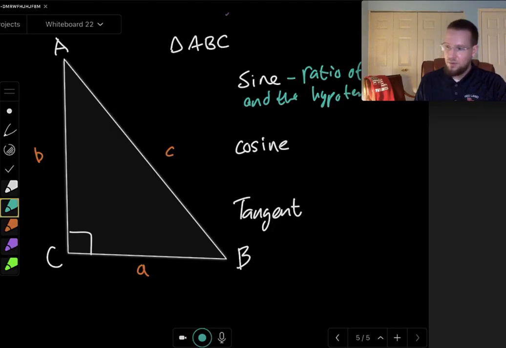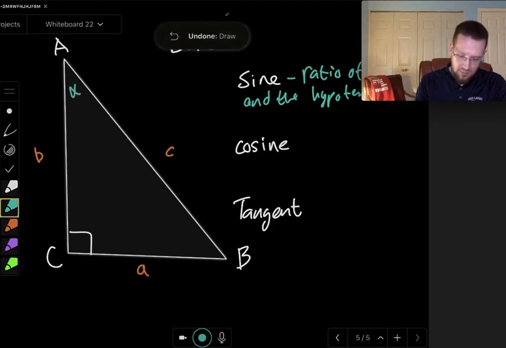So for example, if we were going to look at angle A, let's just call angle A alpha.